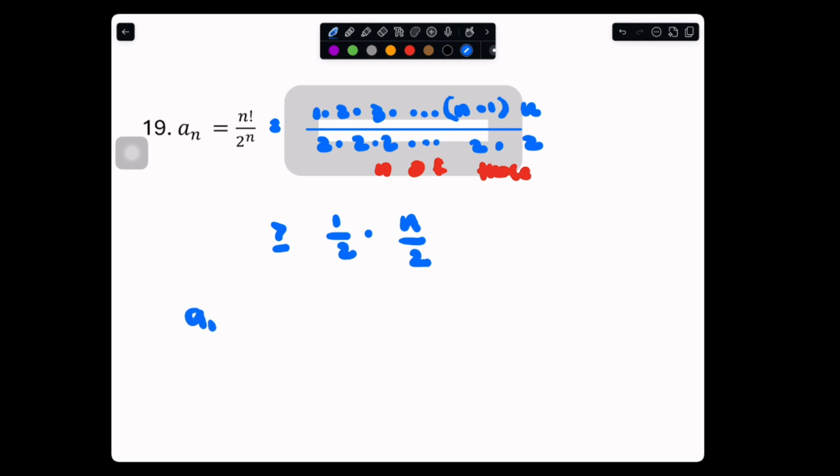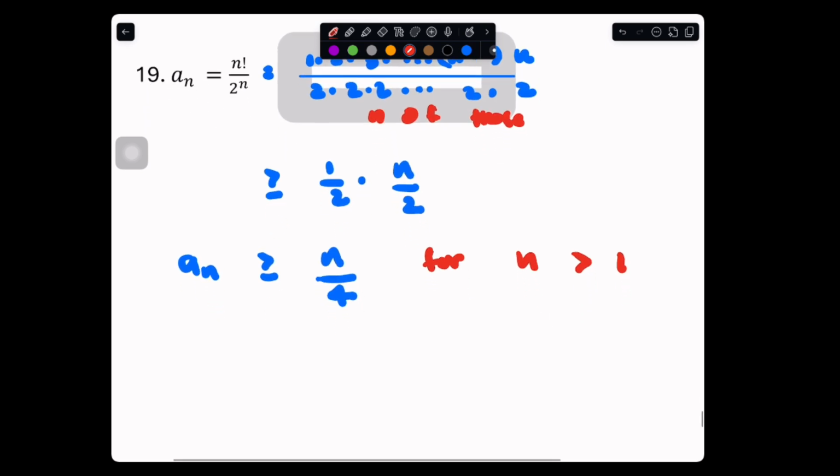So let's take a look. An is greater than or equal to n over 4 now. And this is for n greater than 1.